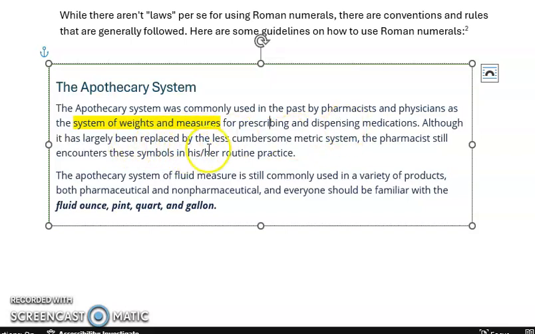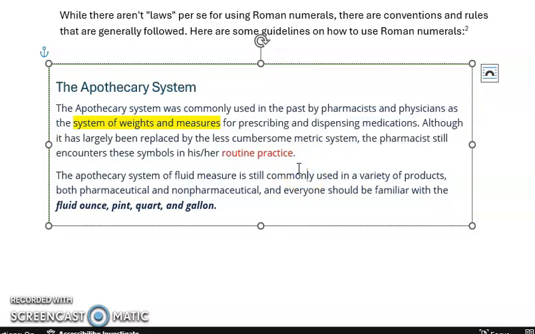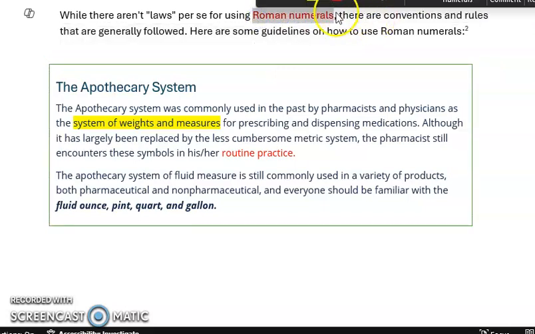It is largely replaced by the metric system, grams, kilograms, milliliters, liters, that you're so familiar with. However, it still appears in some areas of routine practice, and that is why you need to appreciate the apothecary system. And to appreciate the apothecary system, you have to have an understanding of, yes, Roman numerals.